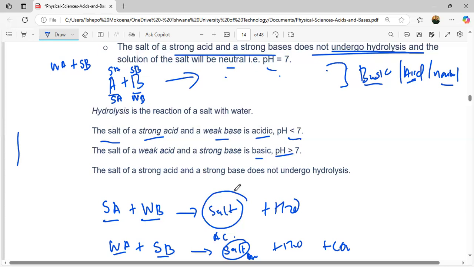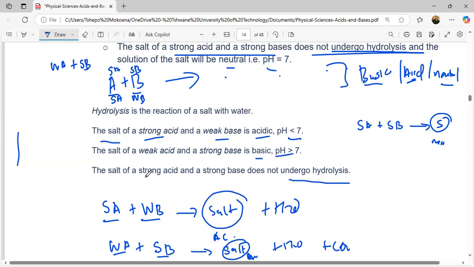But if you take a strong acid and a strong base, I'm repeating what I said, you're going to form salt. But this salt is going to be neutral. It won't taste basic. It won't taste acidic. By the way, we said this salt will not undergo hydrolysis.